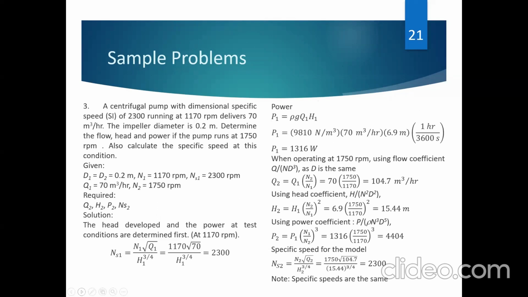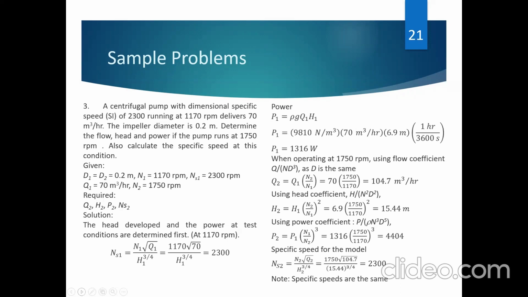Number 3, sample. A centrifugal pump with dimensional specific speed in SI of 2,300 running at 1170 RPM delivers 70 cubic meter per hour. It is in SI, those are its units.